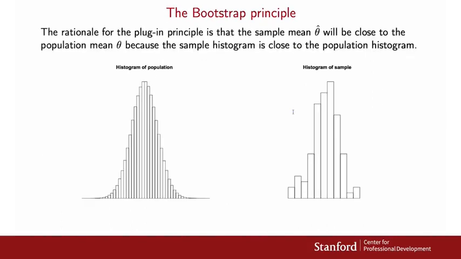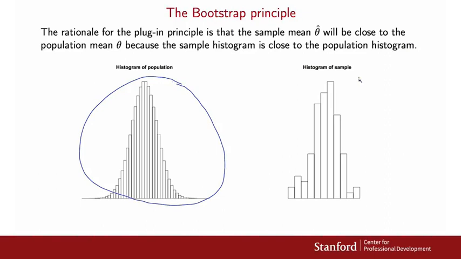So let's look at what we did here in terms of histograms. There was a population histogram, which is the histogram of the heights of all the people in the United States. The task was to compute the average of that histogram, and that's impossible to do. So what we did is we drew a sample of size 100.